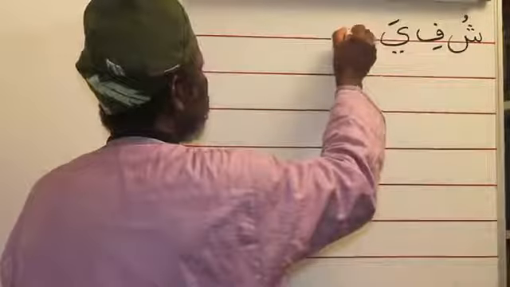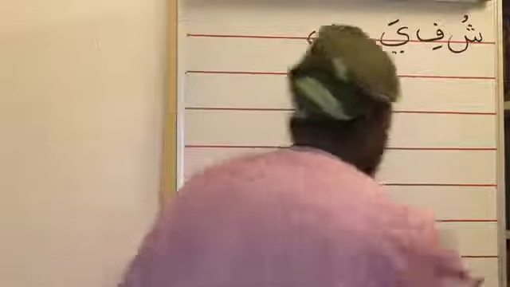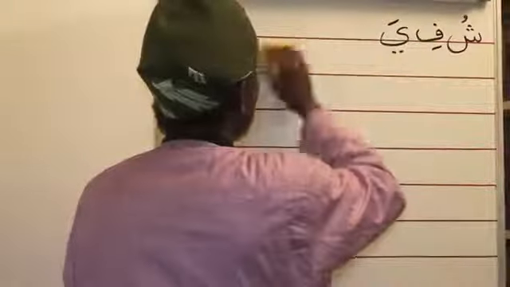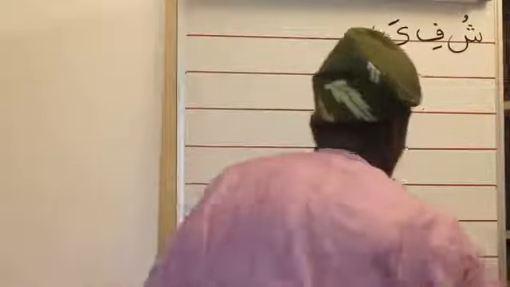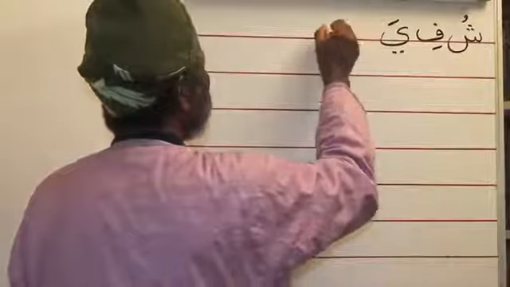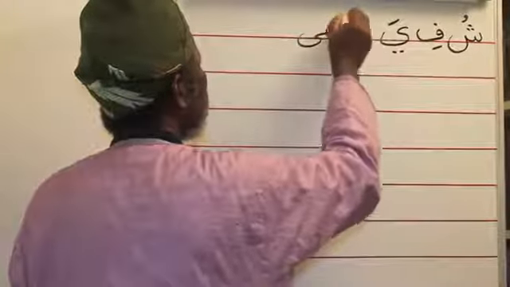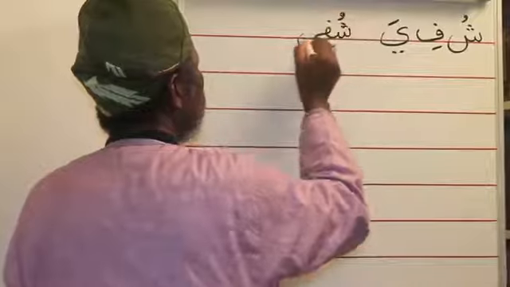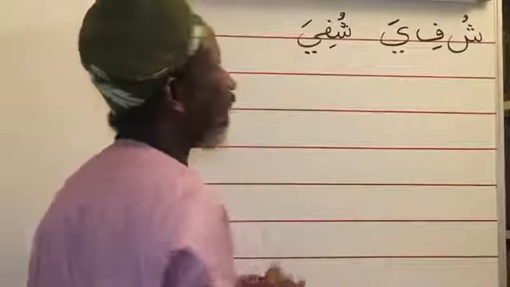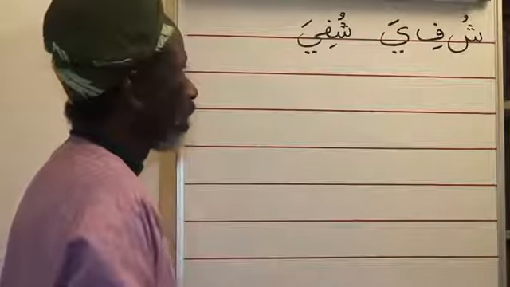Join nicely, continue. Let's write that Ya in different format at the end to make sure that you see what's going on. Shufiya. Go back, put your vowel, shufiya. That's shin, the beginning.